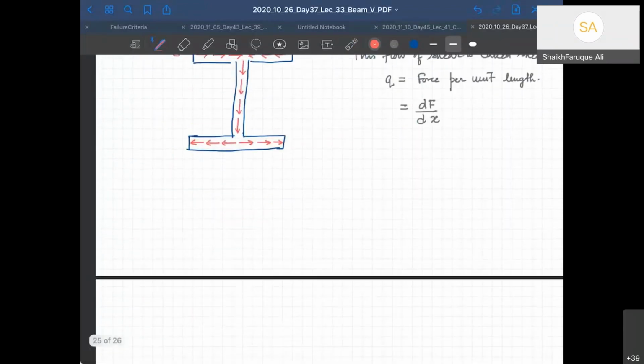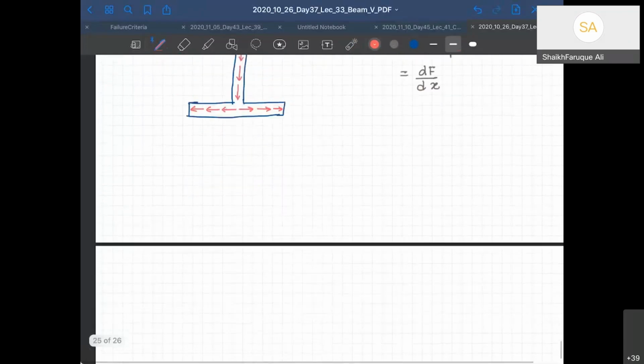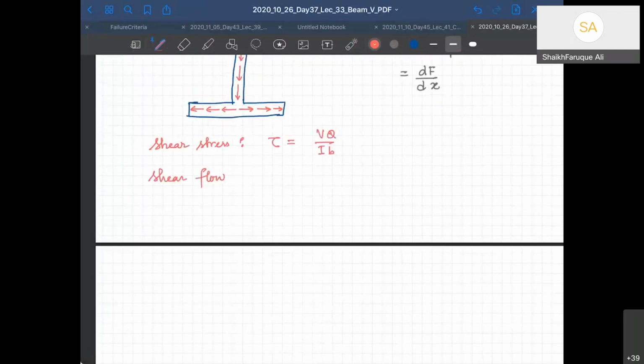So your shear stress tau is given by VQ by Ib. Shear flow q is given by VQ by I, no width. Okay, so units are different.